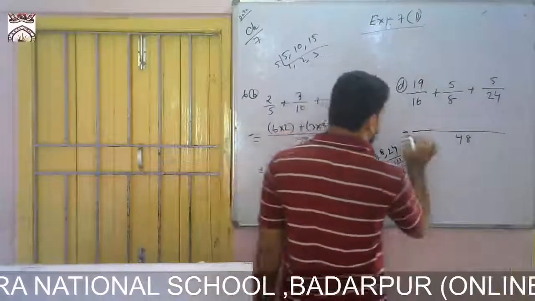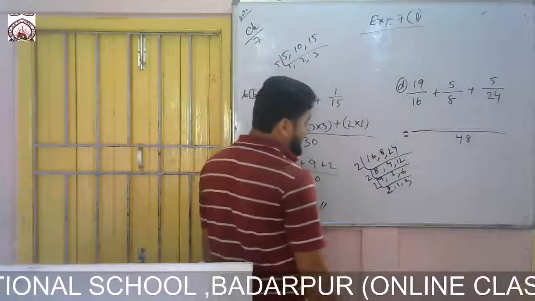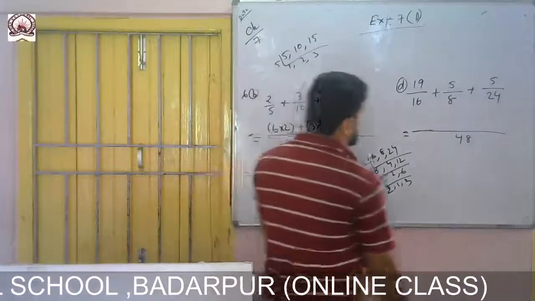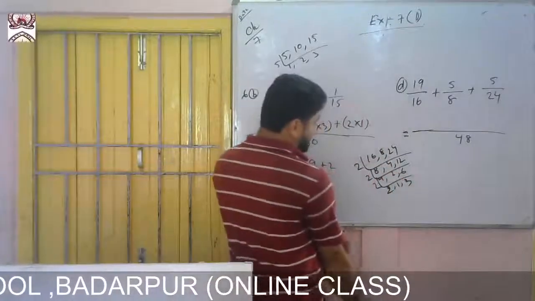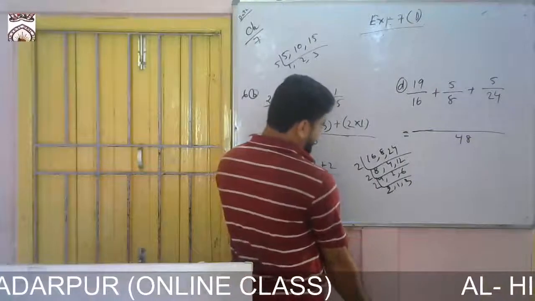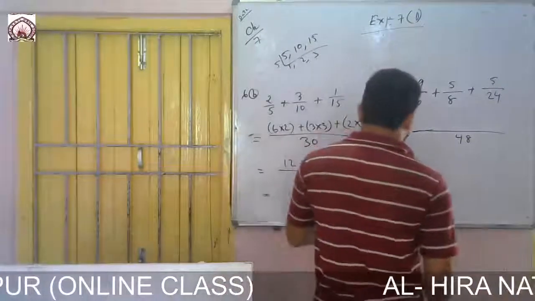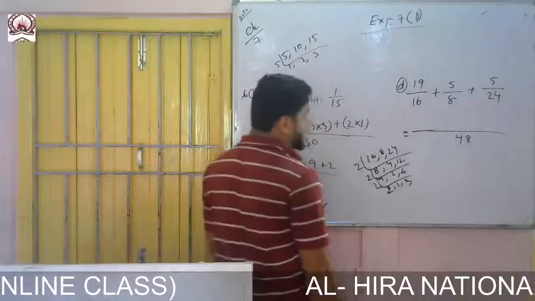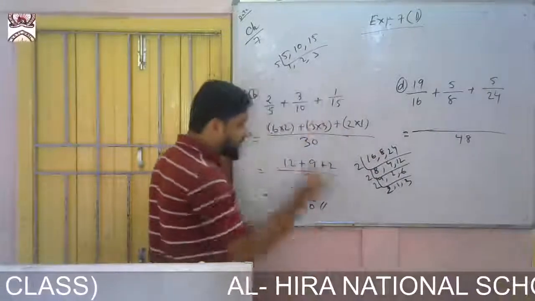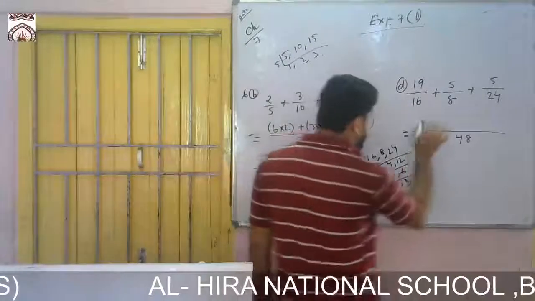Okay, so what? Now we need to find, 16 how much are? 16 3s are 48, so 19 into 3.